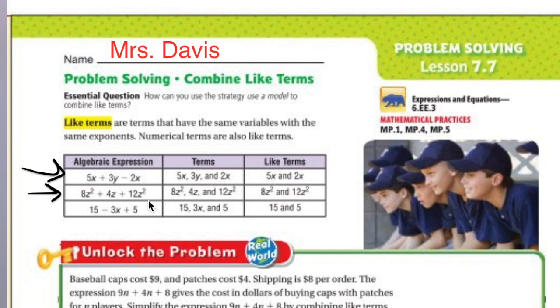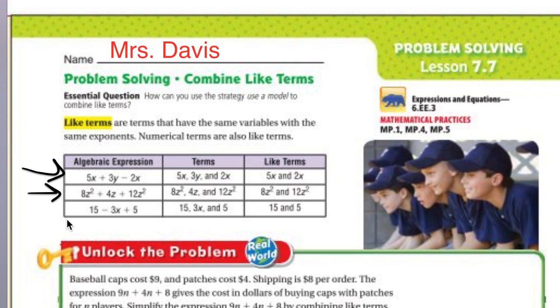Okay, you see this, it has the same variable z, but they all do not have the same exponent. 8z to the second power and 4z are not the same, but 8z to the second power and 12z to the second power are like terms because they have the same variable and the same exponent too.